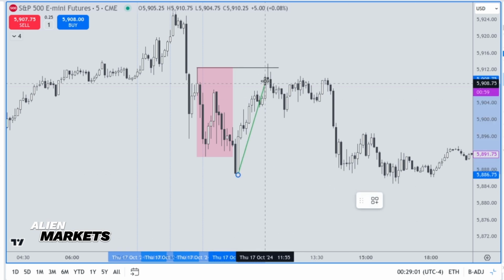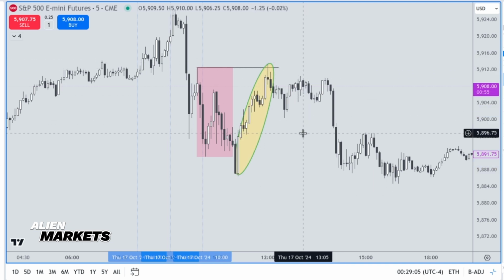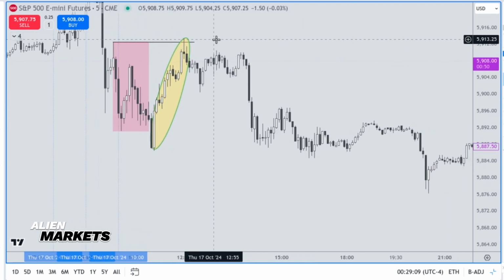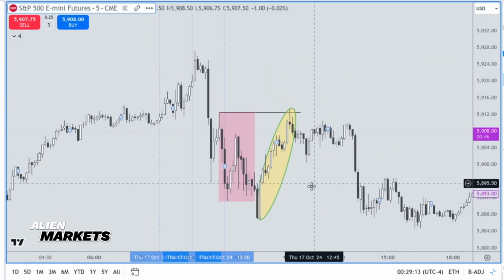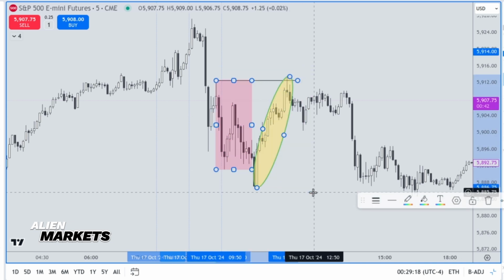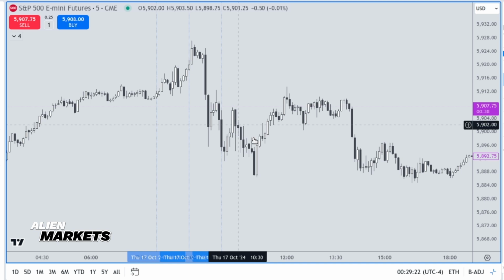This is an outside bar also. And what happens afterwards? You have a movement of price, a displacement, right? So price has something very special with outside bars.